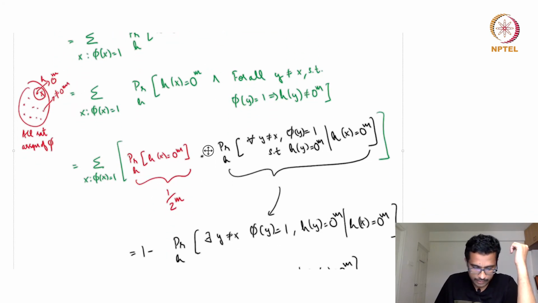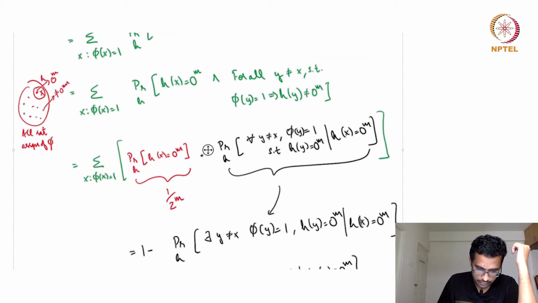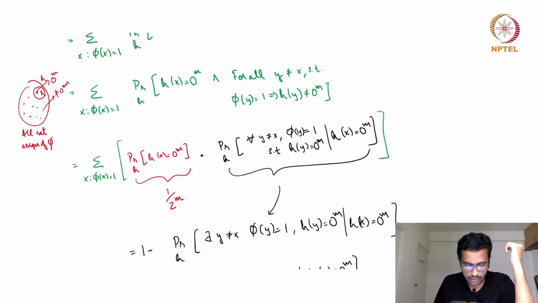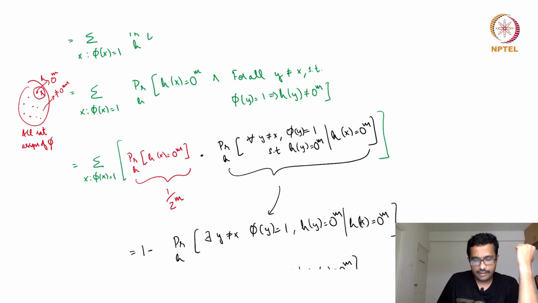So I can further split it in the following way. I can take the probability that h of x is all zeros, right, which is the first part, and this can be split like: given h of x is all zeros, what is the probability that all the remaining y do not get mapped to all zeros.